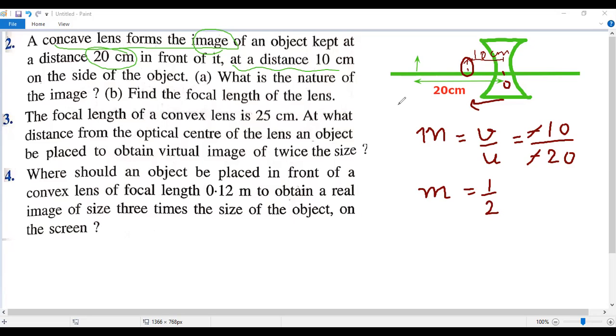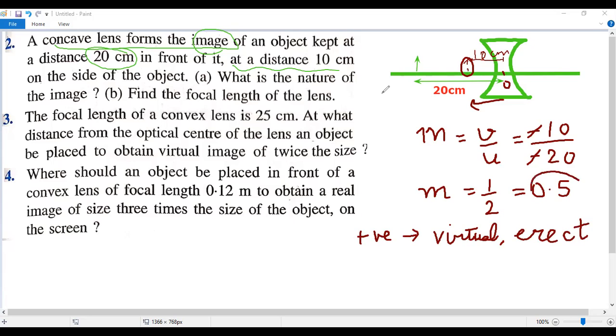So students, don't keep the answer in fraction. Kindly calculate it in decimal. So half means 0.5. Now check whether magnification is coming positive or negative. The final answer is positive. Positive means we are having a virtual and erect image. The image is virtual as well as erect.